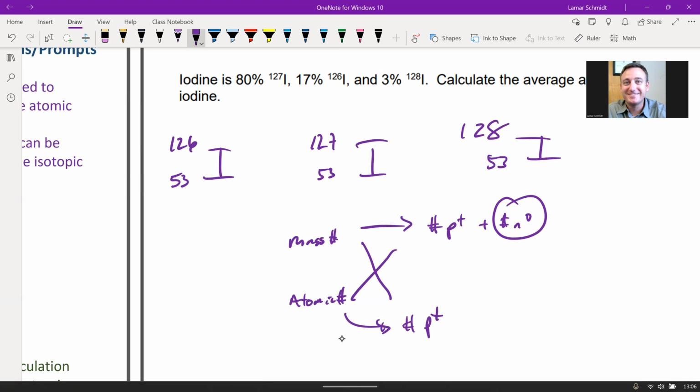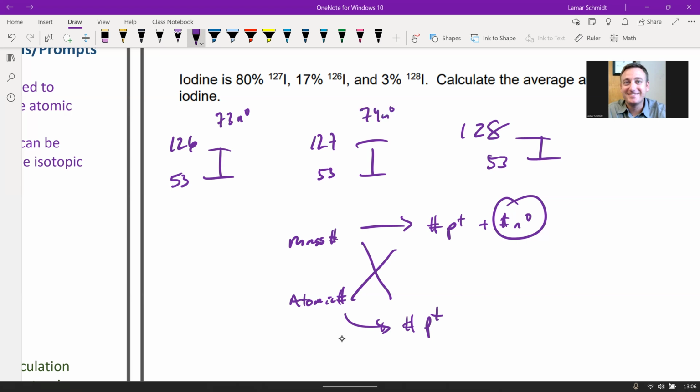They all have 53 protons, but they have different mass numbers because each has a different number of neutrons. Now, if you get your handy dandy calculator out, how many neutrons does isotope I-126 have? This one has 73 neutrons. Anyone disagree? This one would have then what?